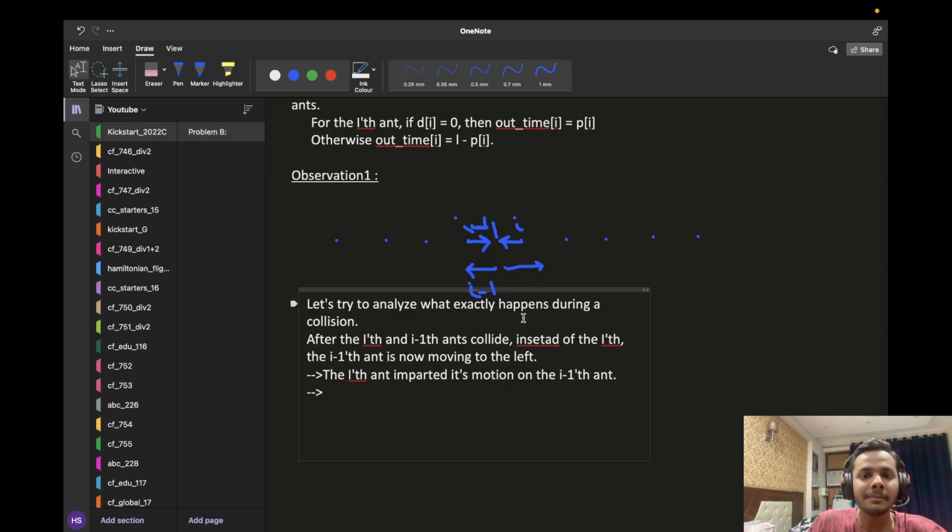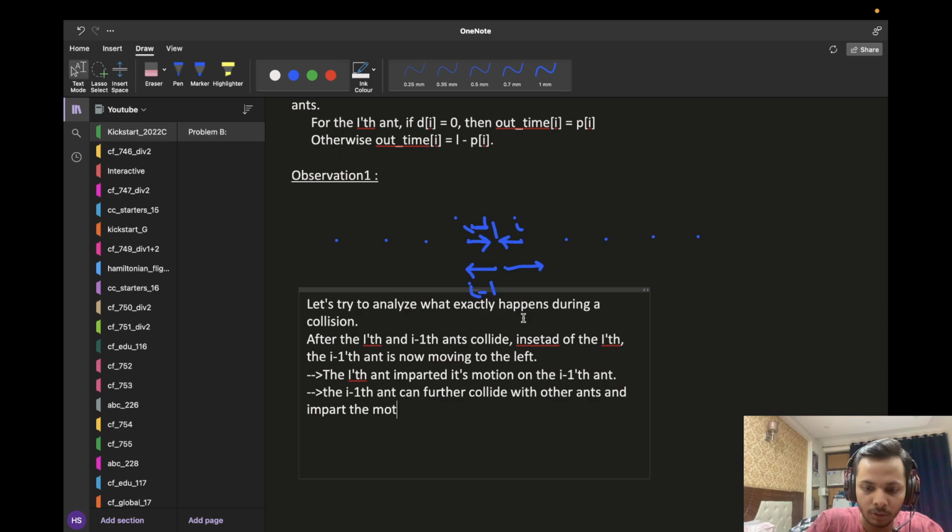So now this I minus 1th ant has the motion of the ith ant and it will further collide with other ants to impart the motion of the ith ant to all those other ants, right? So the I minus 1th ant can further collide with other ants and impart the motion of the ith ant to those other ants, and so on and so forth, right?